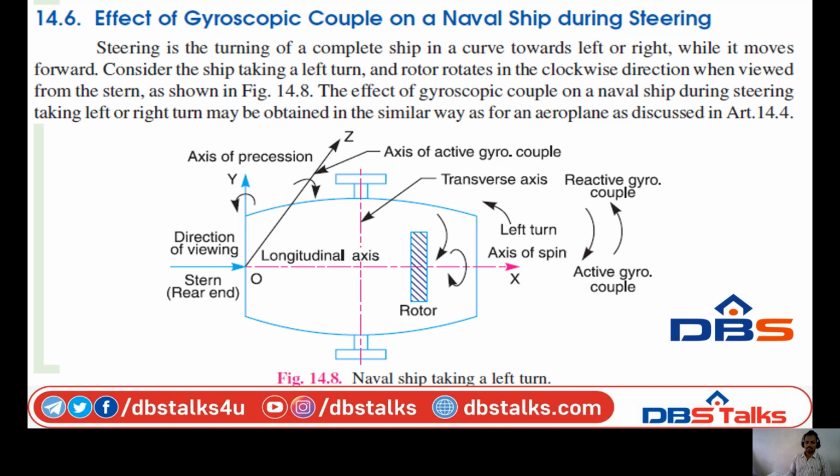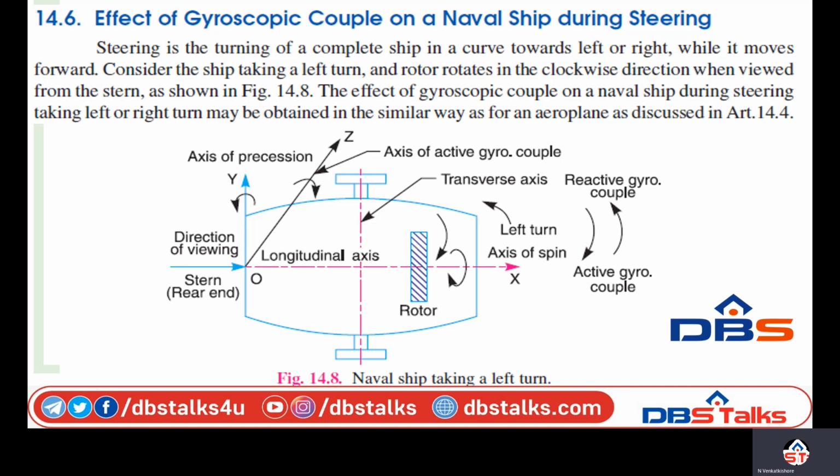In the other case, when the ship steers to the right hand side, the effect of the reactive gyroscopic couple will automatically be opposite to the left turn, that is raise the stern and lower the bow. So there is no need to discuss the right hand side separately.